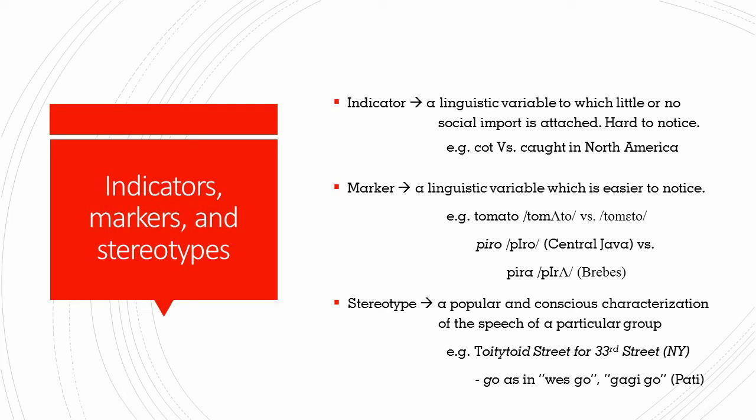Next, we have stereotype. A stereotype is a popular and therefore conscious characterization of the speech of a particular group. I have some examples, but because they are related to the way it is pronounced in an area, maybe my pronunciation is not really correct. But for the sake of our learning, I'm going to say it.